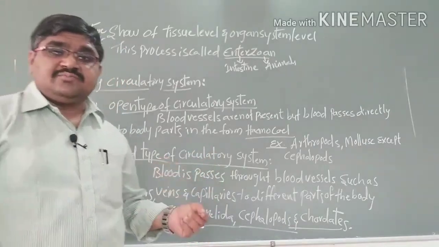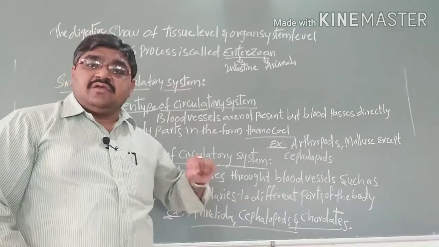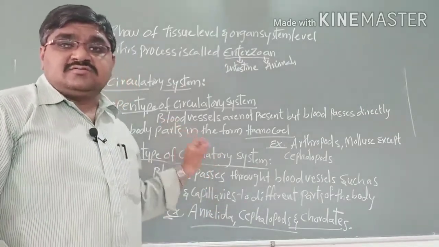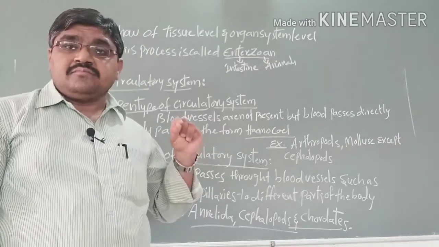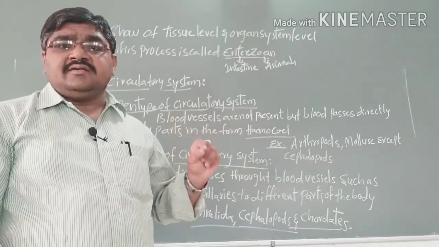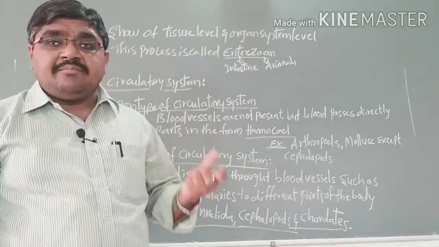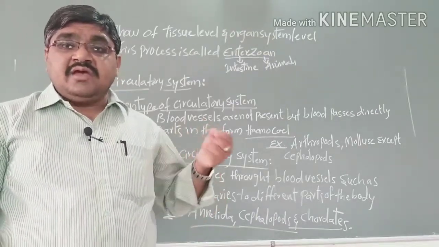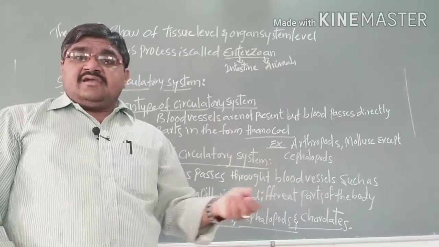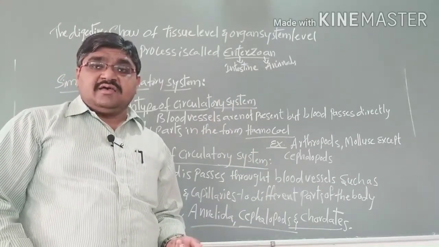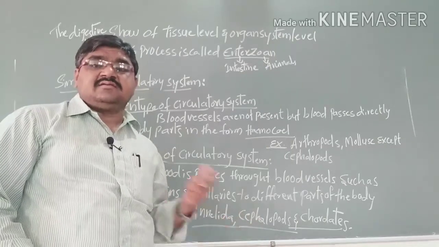If blood is transported to different parts of the body like this, we call it a closed type of circulatory system. If the blood is directly passed to the body parts, then we call it the open type of circulatory system.